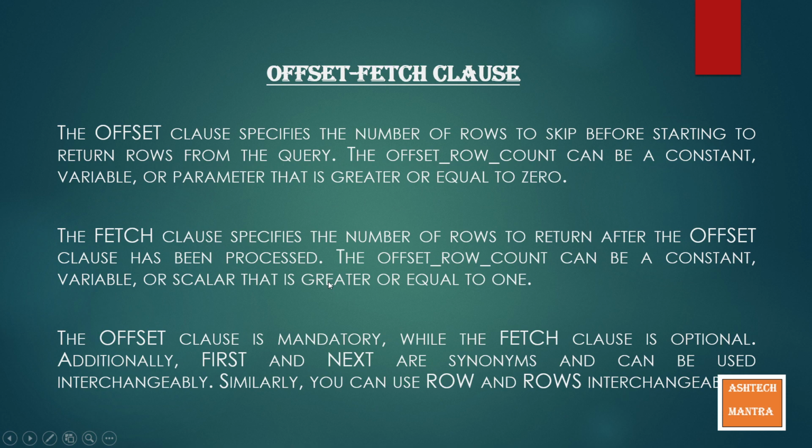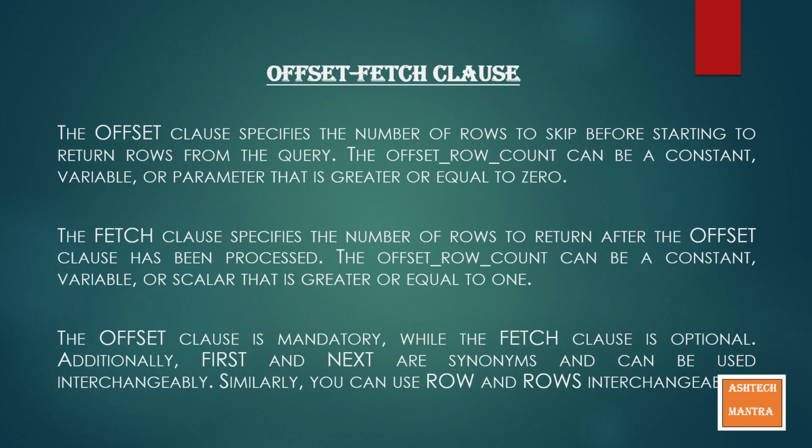So here are some points which we need to understand about how we can use the OFFSET and FETCH clause. The OFFSET clause specifies the number of rows to skip before starting to return rows from the query. The offset row count can be a constant, variable or parameter that is greater than or equal to 0.